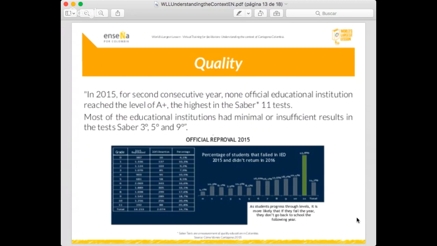Talking about the quality, in 2015, for a second consecutive year, a non-official education institution reached the level of A plus, the highest in the Saber 11 test. Saber, for you to know, is a test to measure the quality of education in Colombia. Most of the educational institutions have minimal or insufficient results in the test.